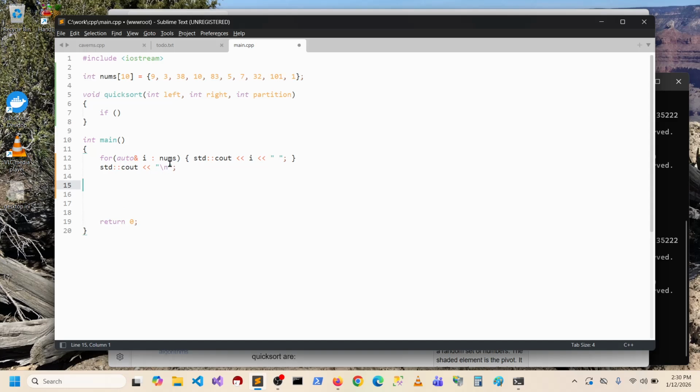So that we would do that. So if I do quicksort, 0, comma, what, 10. Actually, that would be 9, wouldn't it? N minus 1, 0 to 9. And then the partition, we'll just say it's 0.